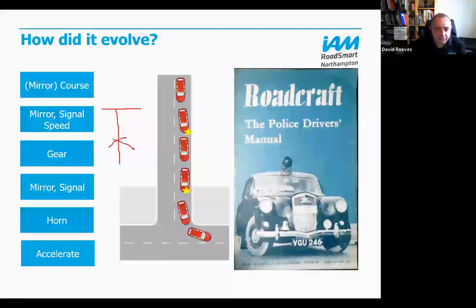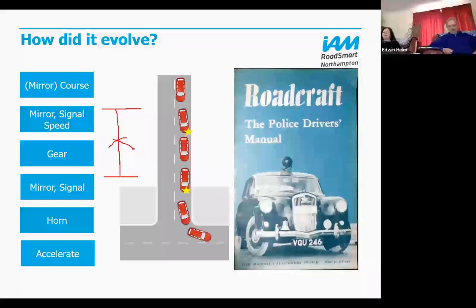But the pedants would have it that I can't signal to them until I get to this phase down here, mirror, signal, at which point I'm nearly on the junction. So I then religiously switch on my indicator, and they go, oh, thanks, because they've been hanging around for me, and they could have gone 10 minutes ago, or however long it took to slow down.